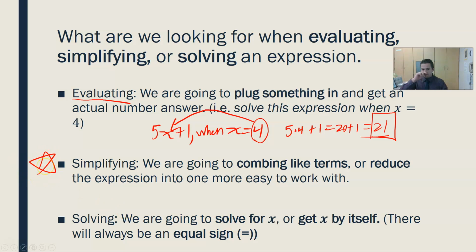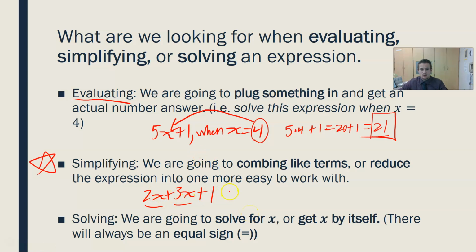Simplifying, the word simplifying is when I'm going to combine like terms or reduce the expression into one more easy to work with. So on this previous slide, I had the example of 2x plus 3x plus 1. I don't have an equal sign or anything, but I have multiple sets of x's here that I can combine together. So I call that simplifying.